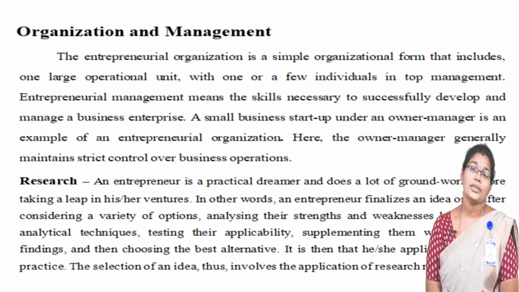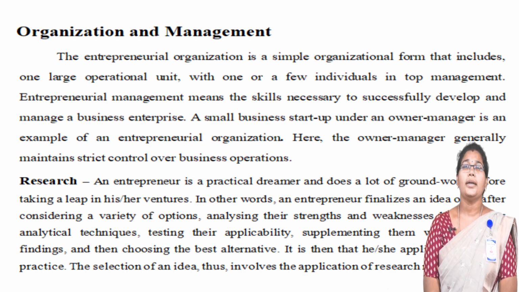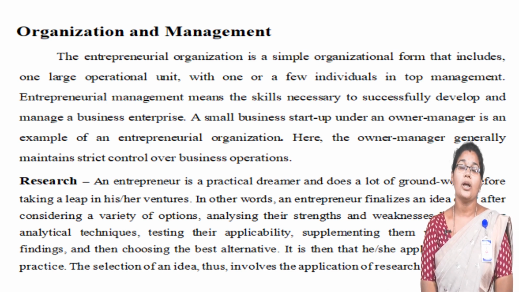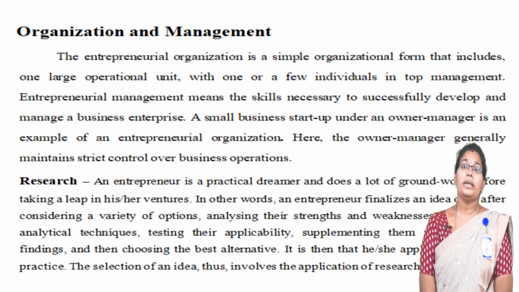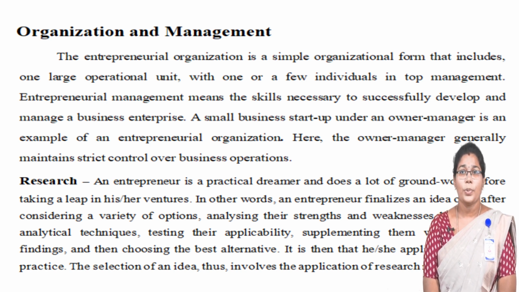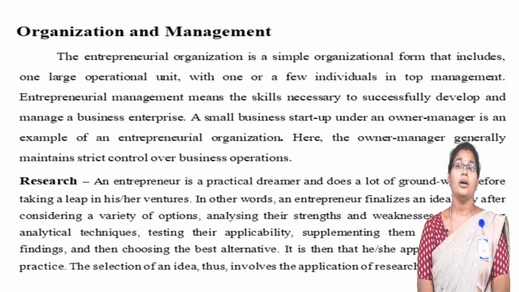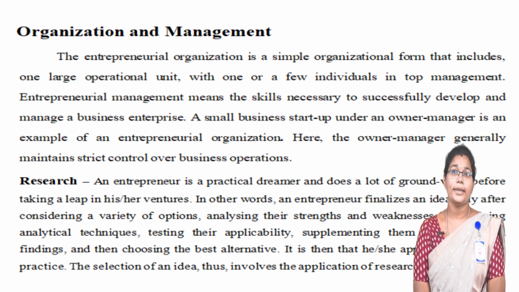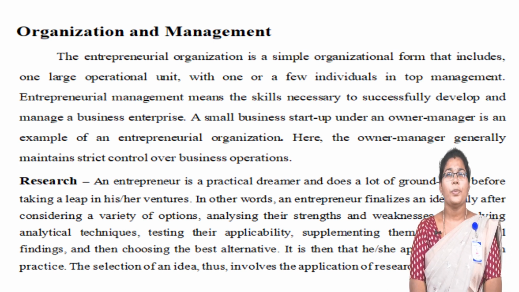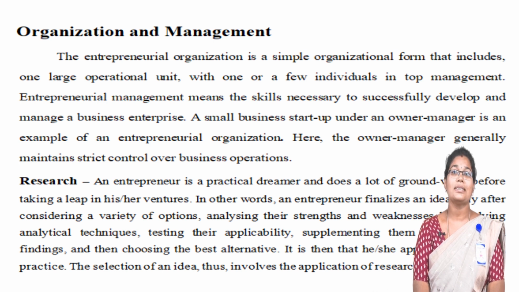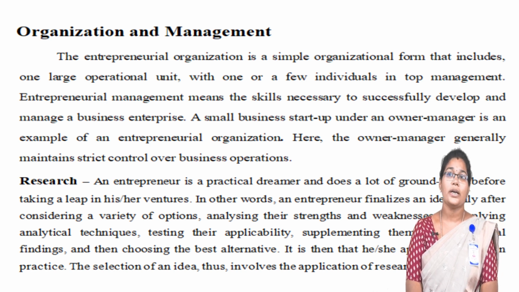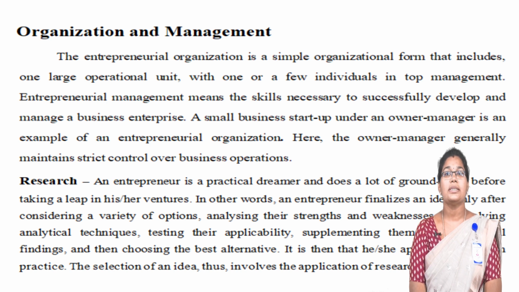Next one is organization and management. So the entrepreneurial organization is a simple organizational form that includes one large operational unit, with one or a few individuals in top management. Entrepreneurial management means skills necessary to successfully develop and manage a business enterprise.